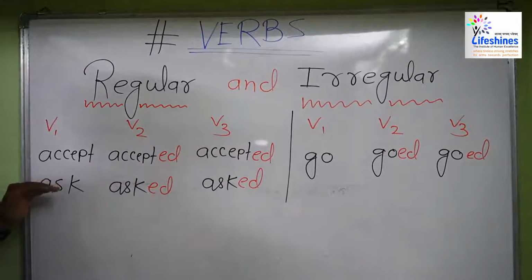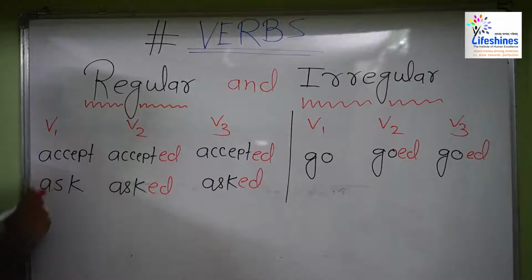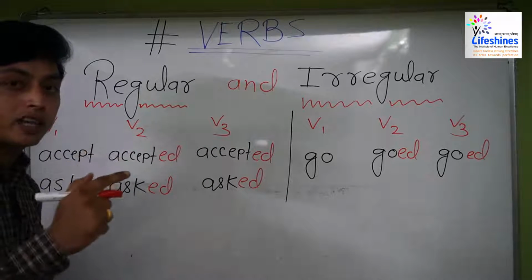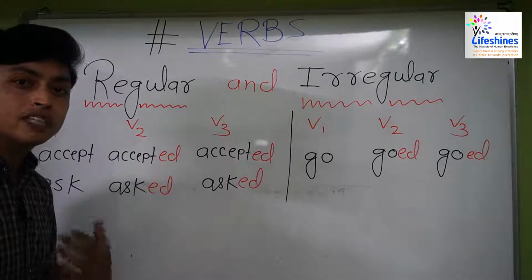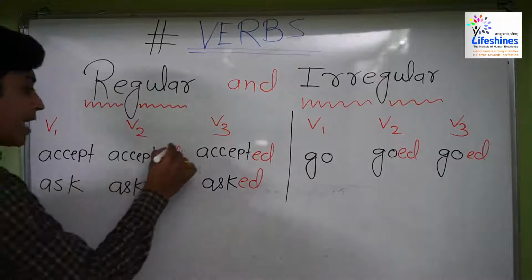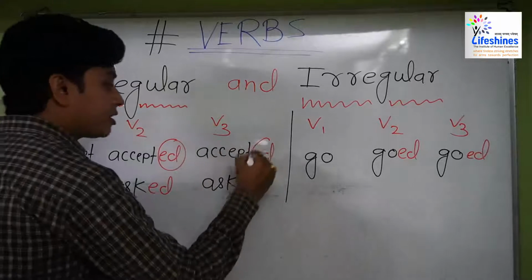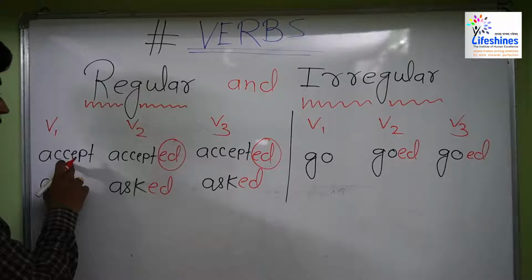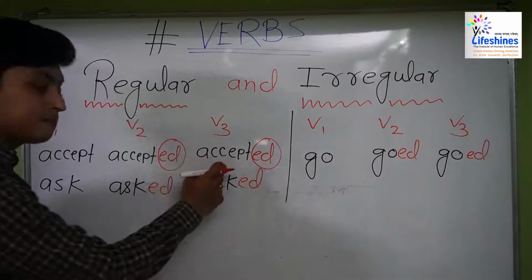Look at the very first example, accept. When it comes to forming the second and third form, simple past and past participle, you don't have to take much effort. You simply need to add ed to it. Accept turns into accepted, accepted.